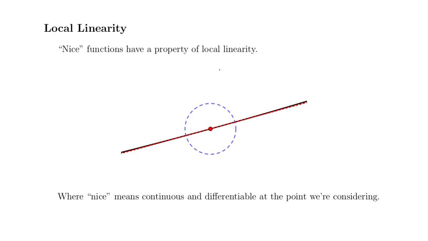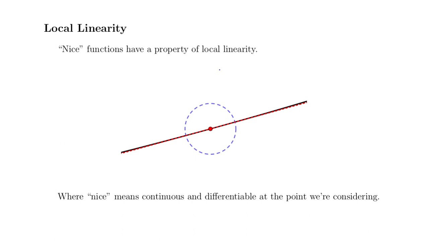No sharp corners or anything like that. No discontinuities or anything like that. As long as we can draw tangent lines, we've got continuity around this point that we're looking at, we should be good to go. Local linearity is not that big of an idea. If you zoom in far enough, every nice function looks like a straight line if you zoom in close enough to it.